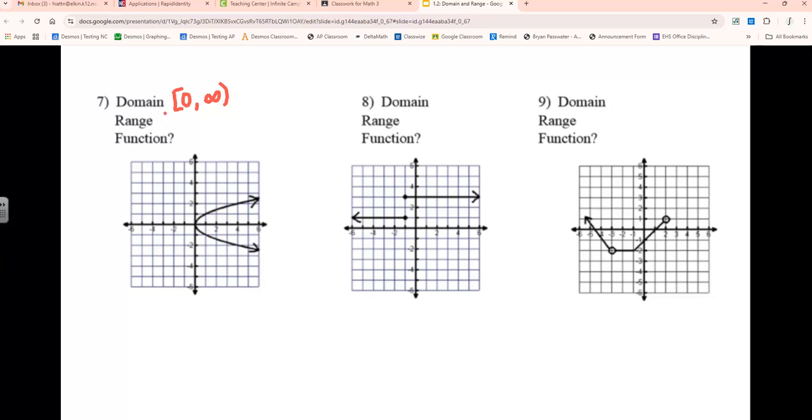Negative infinity to infinity. Because even way down here, technically it doesn't look like it hits the graph, but this keeps on going. It's eventually going to hit the graph, right? So it's negative infinity to infinity. This is not a function.